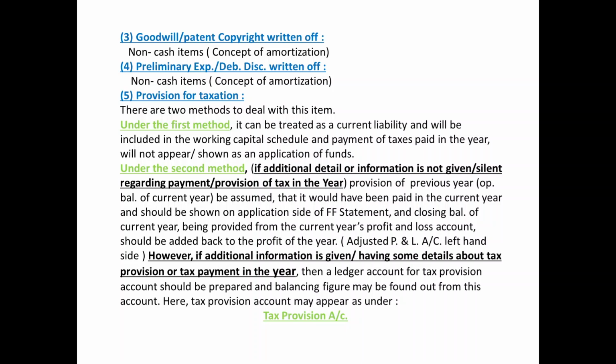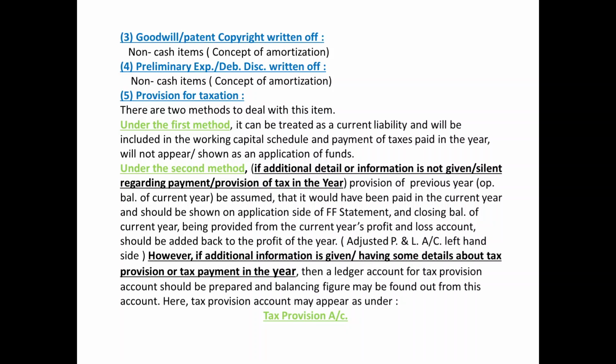This one falls in that third category. Over here, the concept of amortization, once again, is in the picture. Every year, a little bit portion would be written off to the profit and loss account, and the remaining balance of preliminary expenses or debenture discount, whatever it is, will appear in the balance sheet.